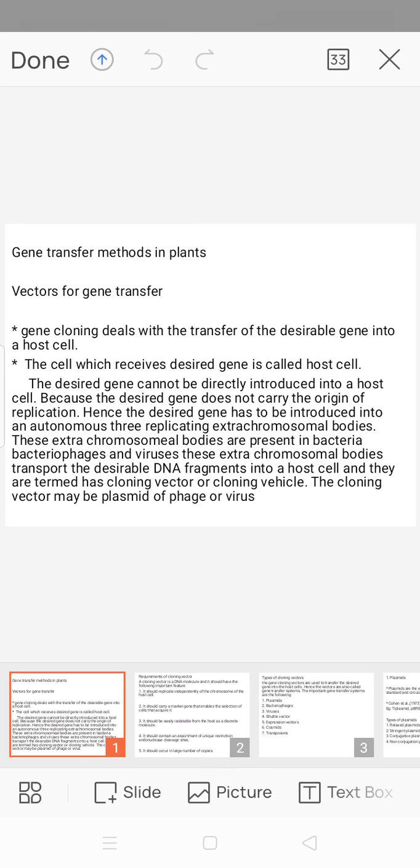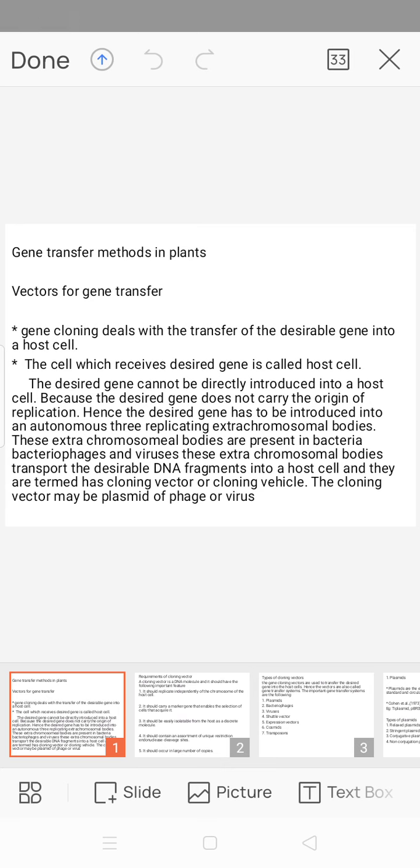The desired gene cannot be directly introduced into a host cell because it does not carry the origin of replication. Hence, the desired gene has to be introduced into autonomously replicating extra chromosomal bodies.